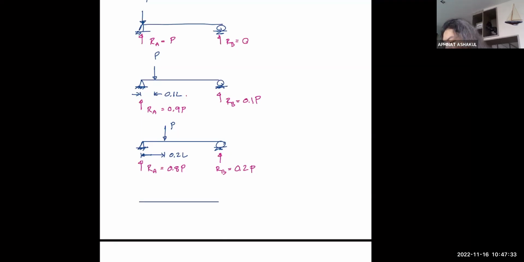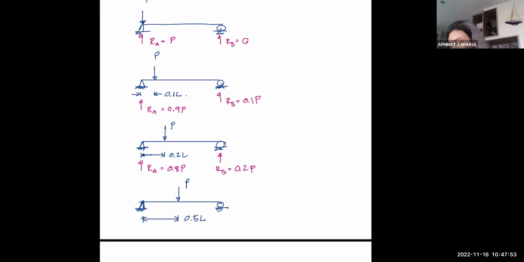Let's say now we are at midspan. If P is at midspan, midspan is 0.5 L, right?